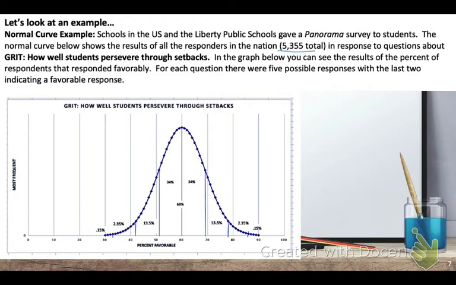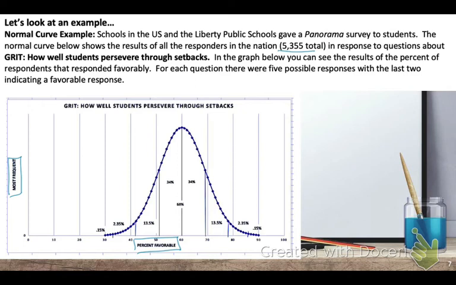So at a glance, we can say, well, how are they responding? Along the x-axis, this is showing the percent that are responding favorably, meaning that students can persevere through setbacks, that they do have grit, rather than responding unfavorably.